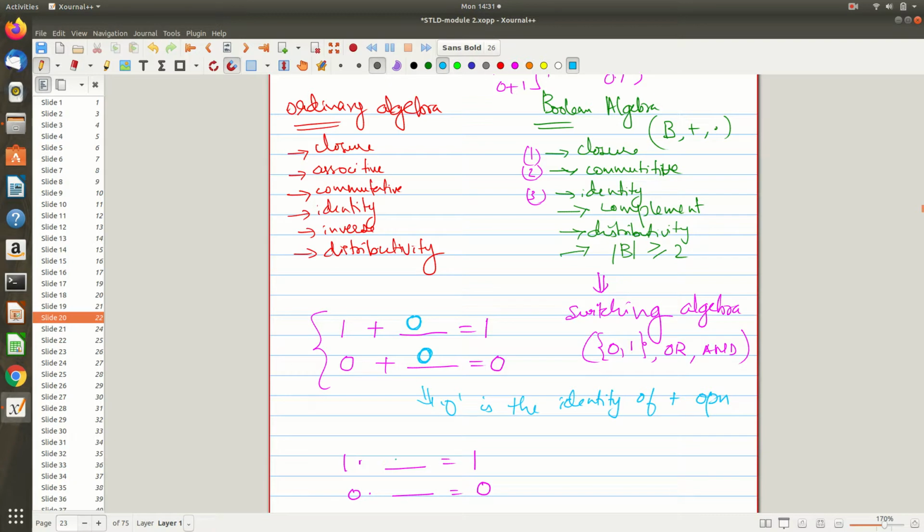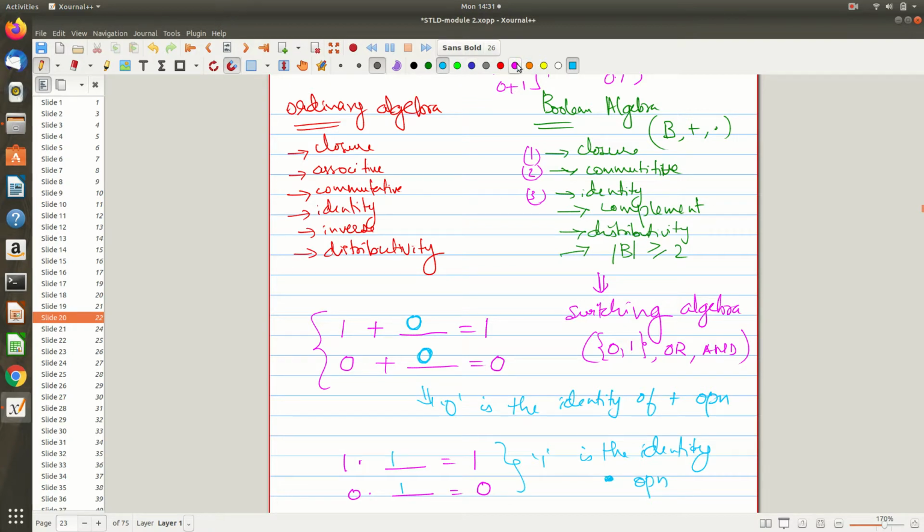So 0 can't be the identity. Can I try with 1? 1 dot 1 I am getting 1, and 0 dot 1 I am getting 0. Fine. So what you can conclude from these two is that 1 is the identity of the dot operation.